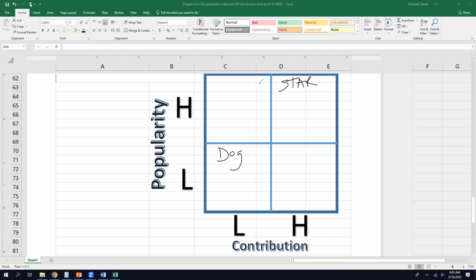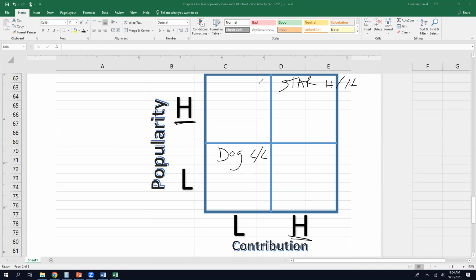Those two are the easiest because a star is high popularity and high contribution margin. See, we have high right here and high right here. When they come together, they're in the star quadrant. So those two are the easiest ones to recognize because we have high, high and low, low for the dog. Okay, low popularity, low contribution margin.